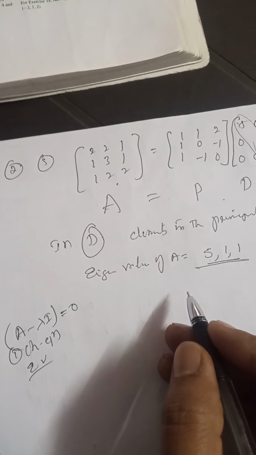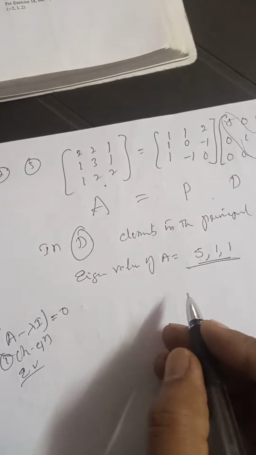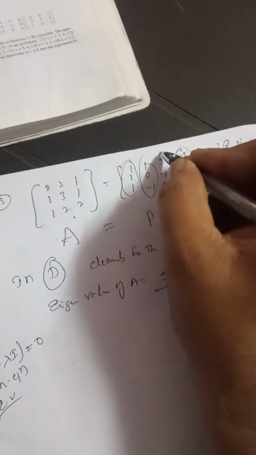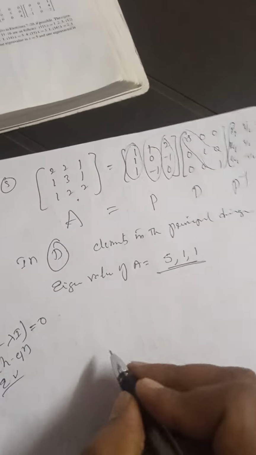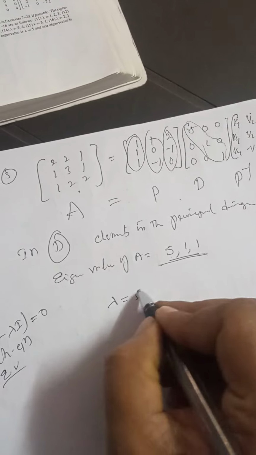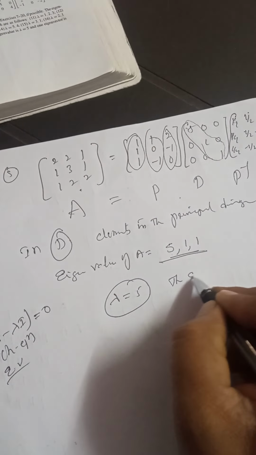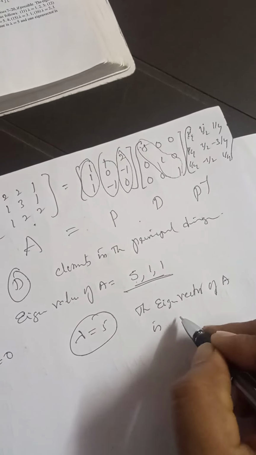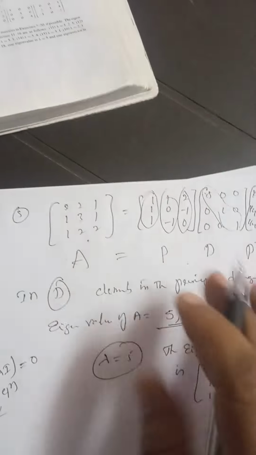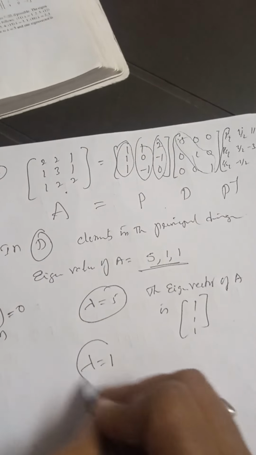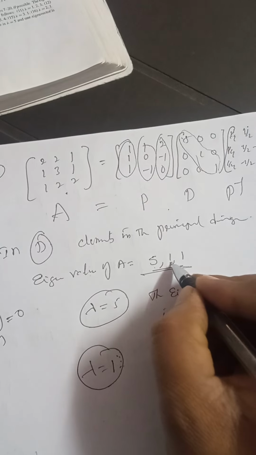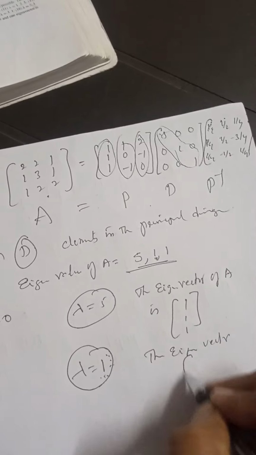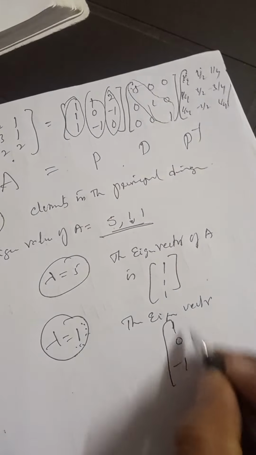Next we need to find the basis for the eigenspace. The basis is nothing but the column elements of P. For lambda equal to 5, the eigenvector of A is the first column, 1, 1, 1, right? Similarly, for lambda equal to minus 1, the eigenvector is the second column, 1, 0, minus 1.